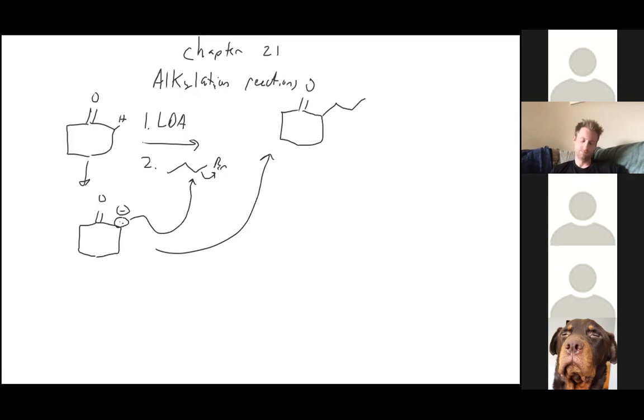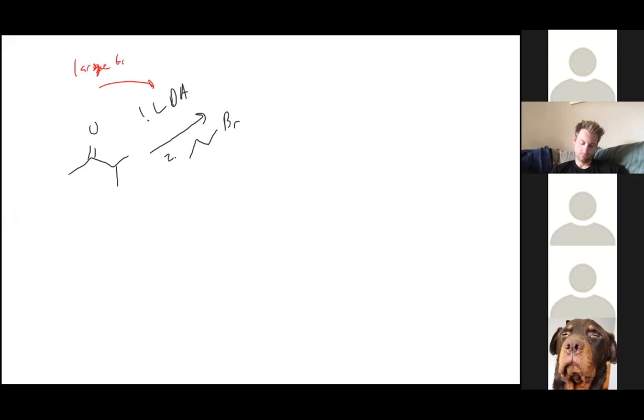So if we do this with a less symmetric molecule, throwing in LDA, being our large base, I'm just going to selectively pull off a proton from our less substituted position, leading to an alkylation on that alpha position.